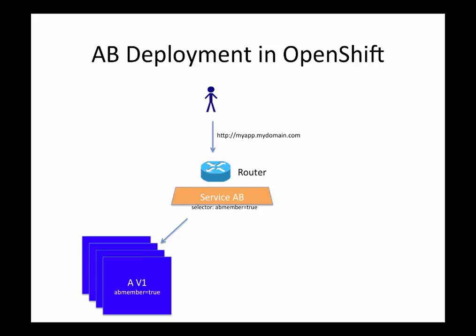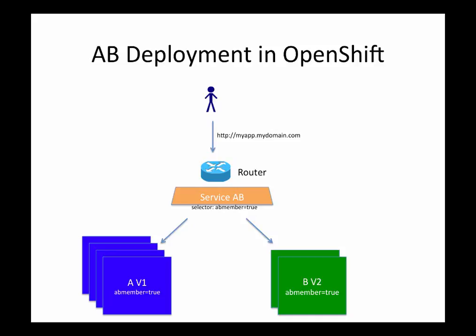Now, with this kind of architecture, when you have to introduce a change to the application in our A/B deployment model, all you would do is add your version 2 application, the B version of the application, and assign the same exact label, and that's it.